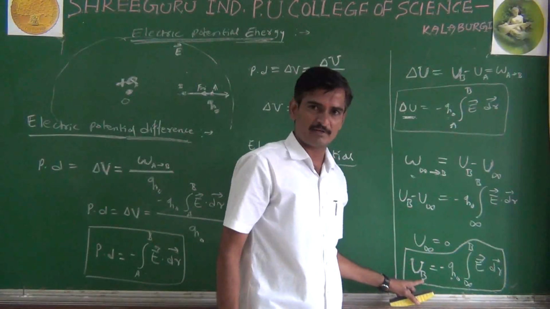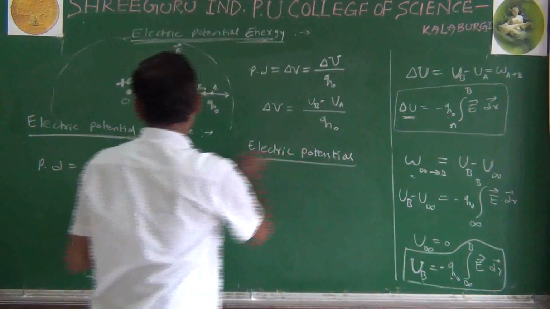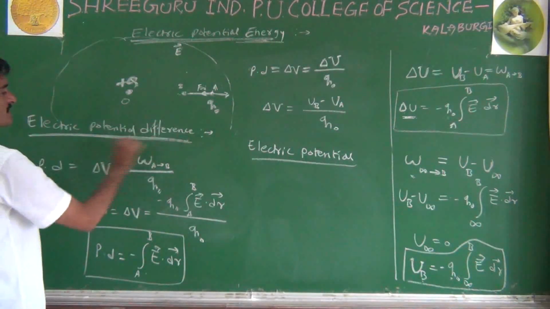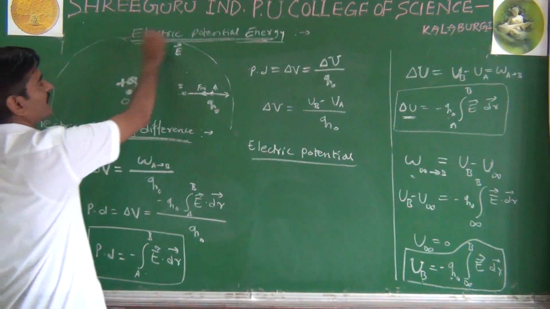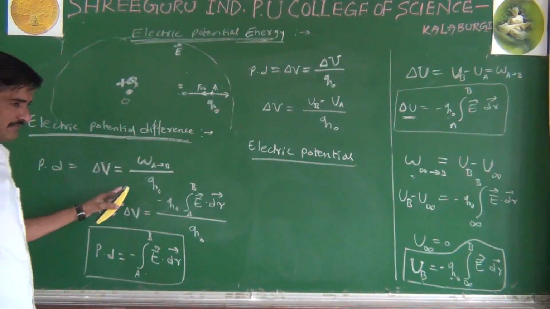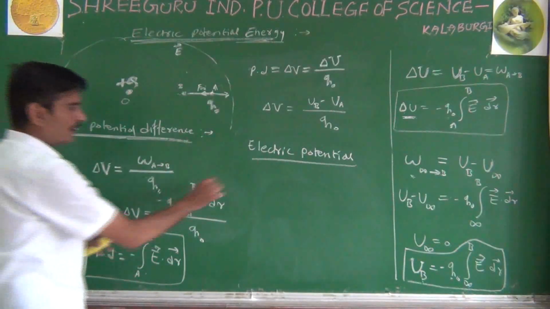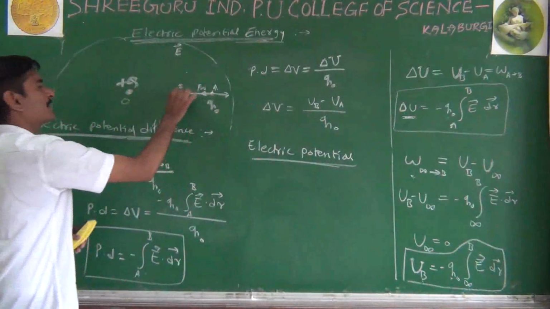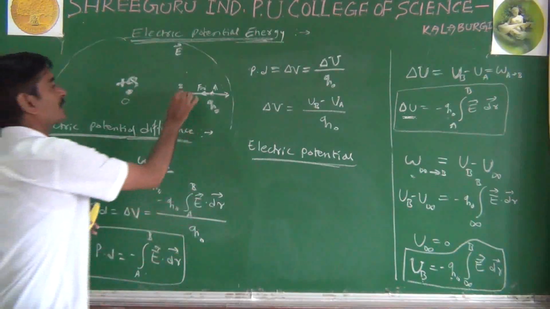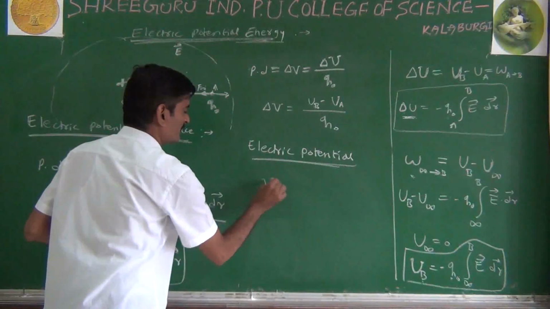Similarly, first I defined electric potential difference, not energy. Now, electric potential at a particular point. We want electric potential at a point B, that is VB.